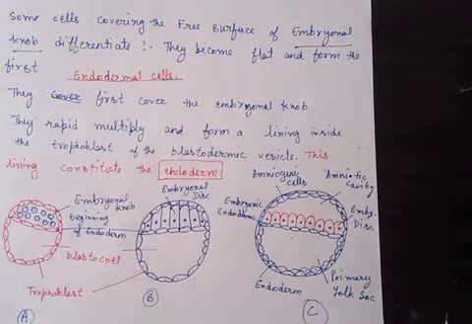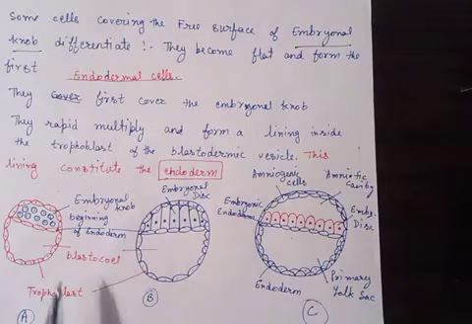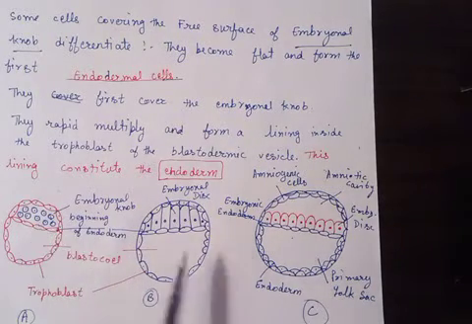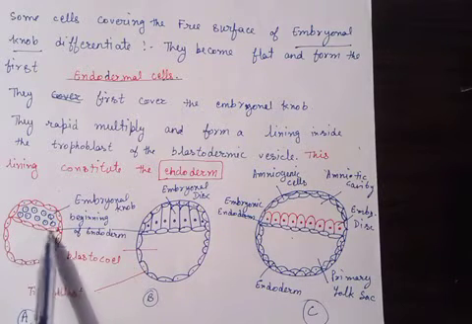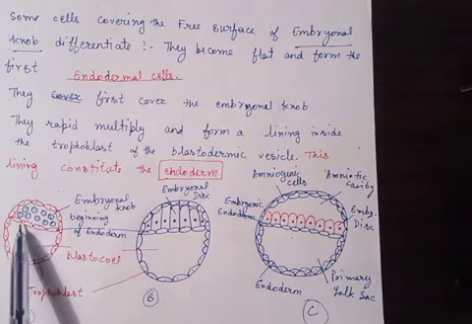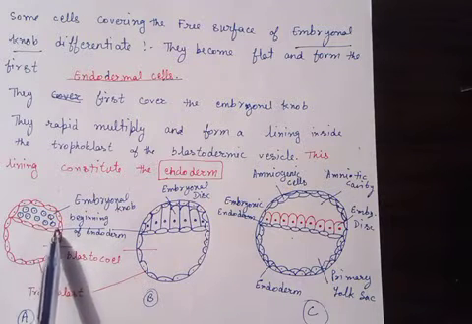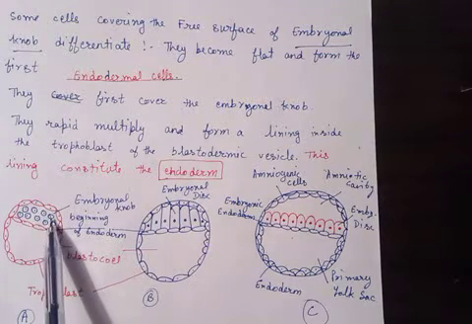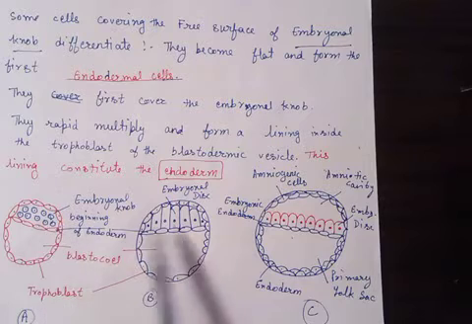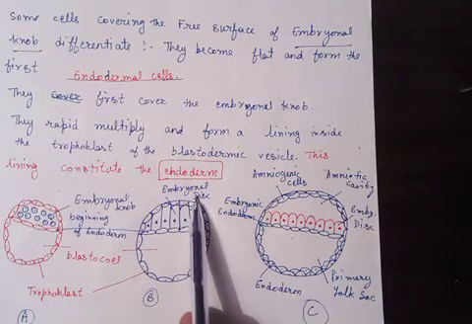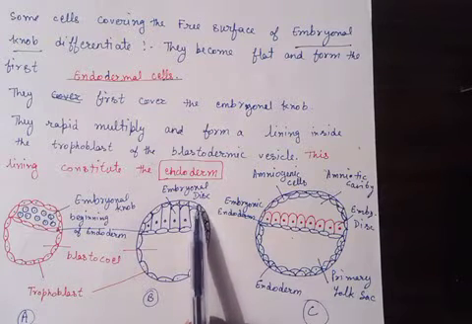The first formation of endoderm is that the embryonal knob cells differentiate and convert into a flat structure, the first endodermal cells. The embryonal knob cells change into columnar cells, called the embryonal disc.